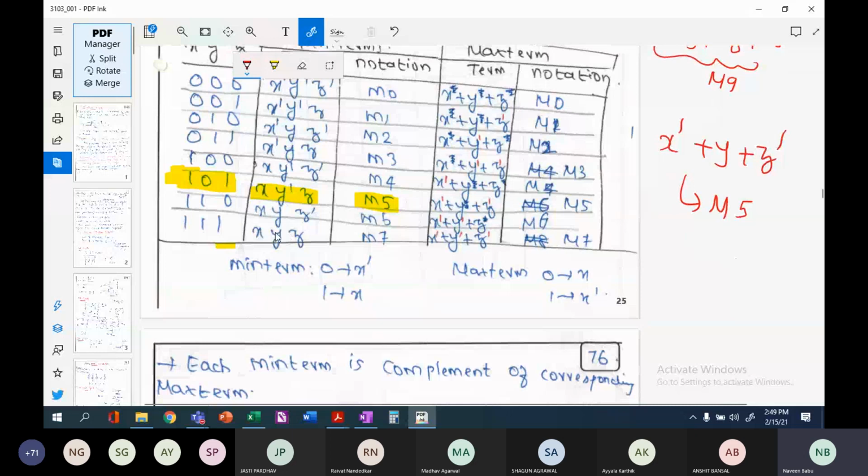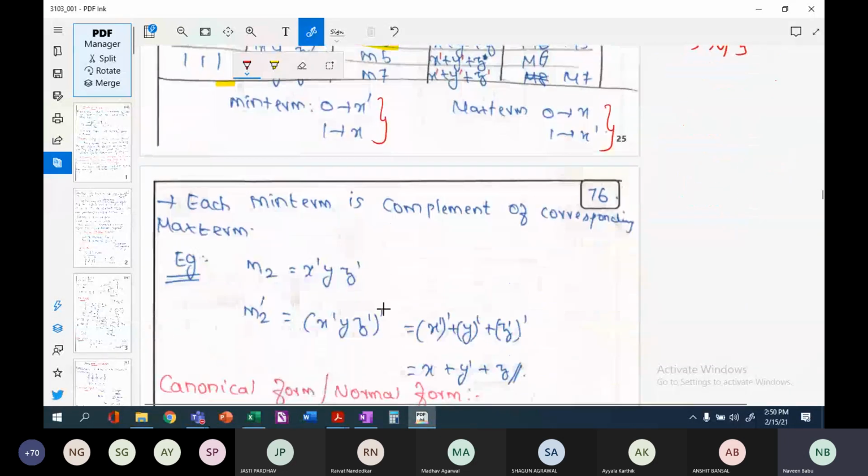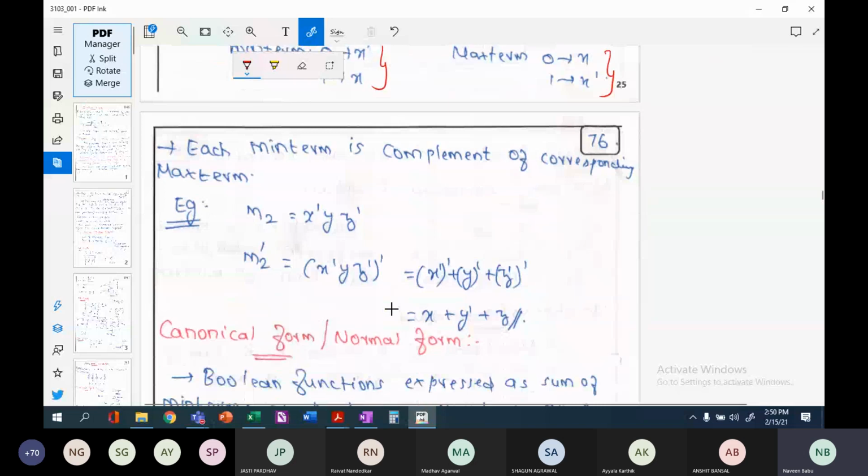Okay. So, as I said, in case of a min term, 0 corresponds to logic 0 and 1 corresponds to logic 1. In case of max terms, 0 corresponds to logic high and 1 corresponds to logic 0. And as I just showed you, a min term is the complemented form of the corresponding max term.